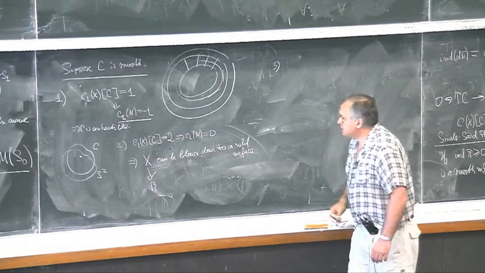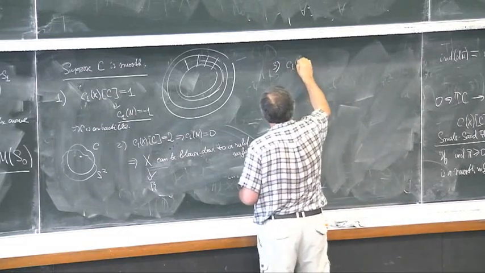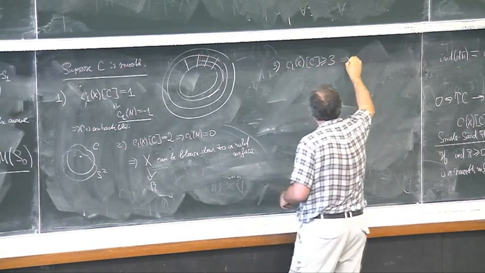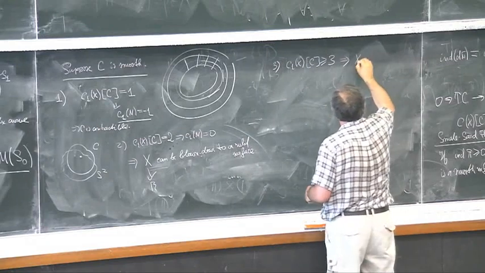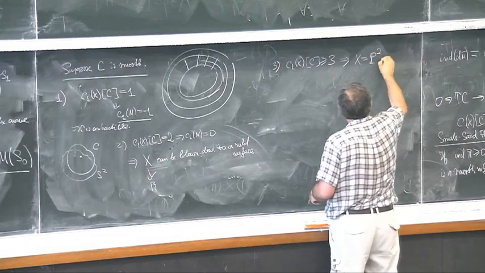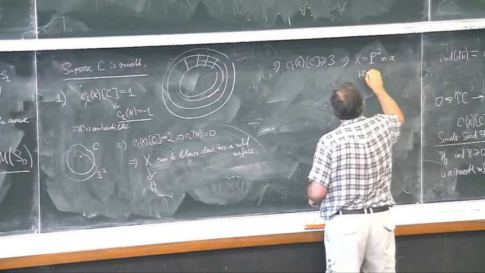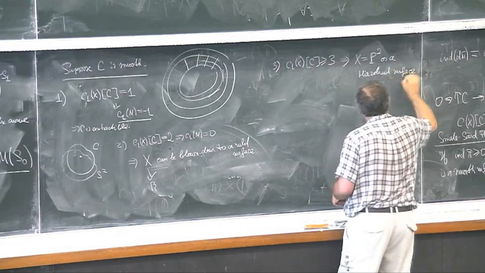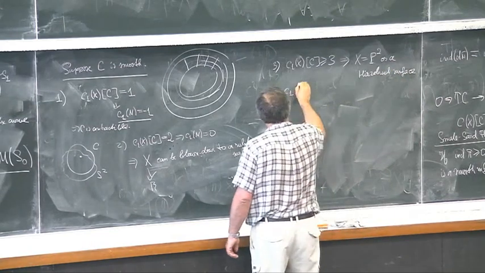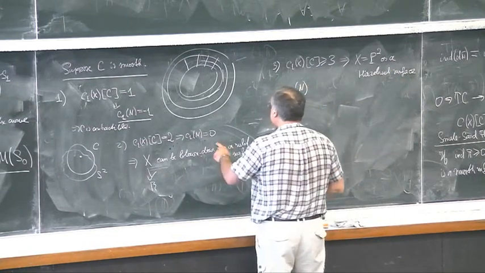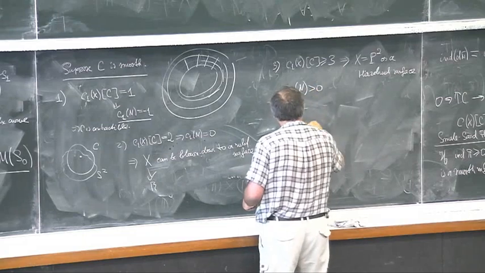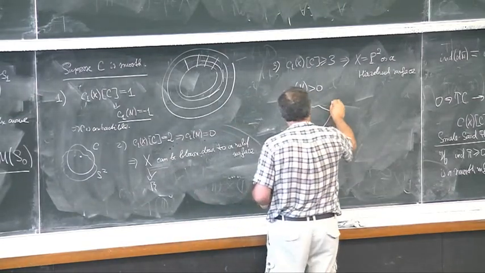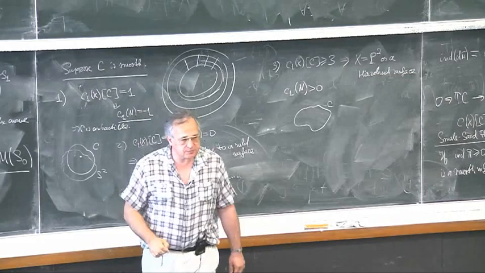So you can specify the structure of X. In the last case, if C1 of X on C is bigger or equal than 3, then you can prove that X is either P2 or a Hirzebruch surface. And moreover, since the normal bundle in this case should be positive, the curve has a fundamental system of strictly pseudo-concave neighborhoods.